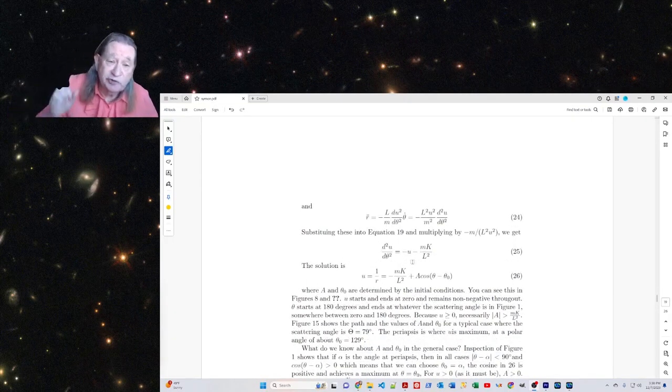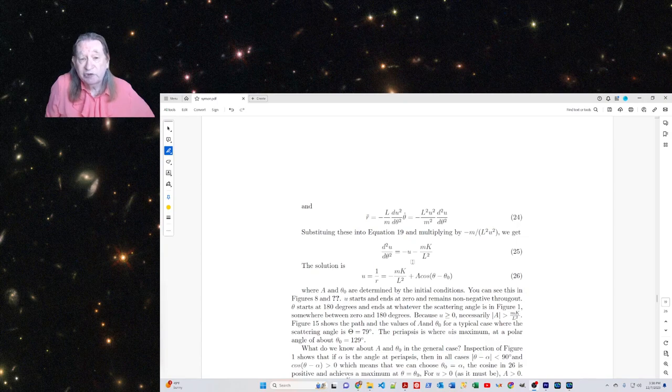So by substituting this inverse radius relationship into Newton's second law of motion, you get equation 24. The second derivative of the radius with respect to the time is proportional to the second derivative of the radius with respect to angle, with a proportionality factor and a minus sign.